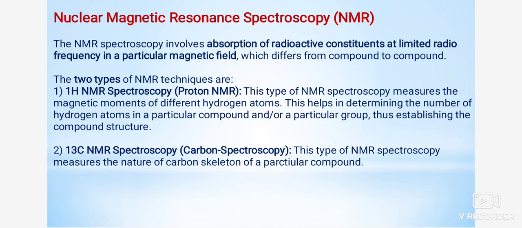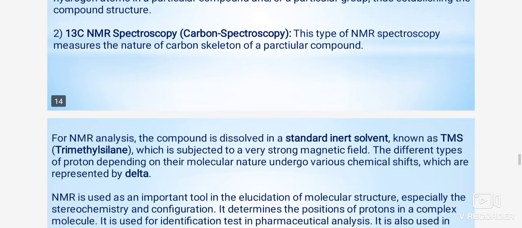This helps in determining the number of hydrogen atoms in a particular compound or a particular group, thus establishing the compound structure. The second one is carbon-13 NMR spectroscopy. This type of NMR spectroscopy measures the nature of the carbon skeleton of a particular compound.